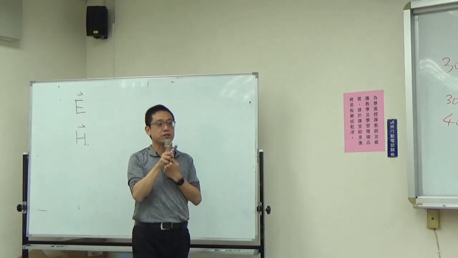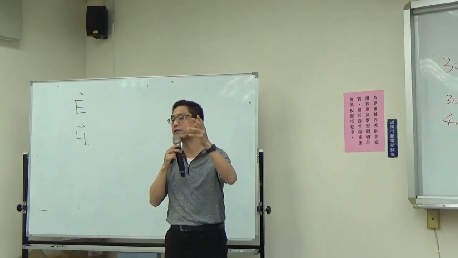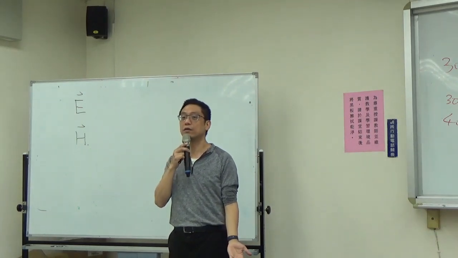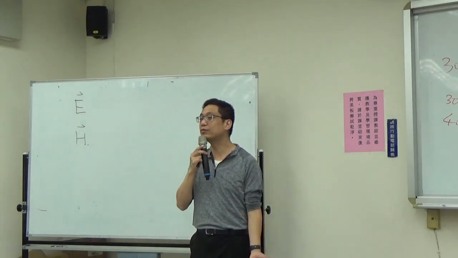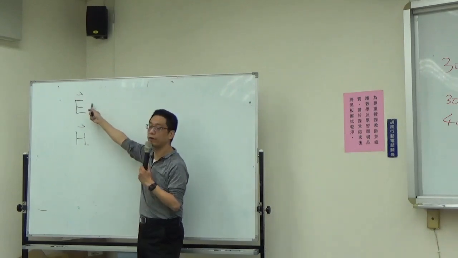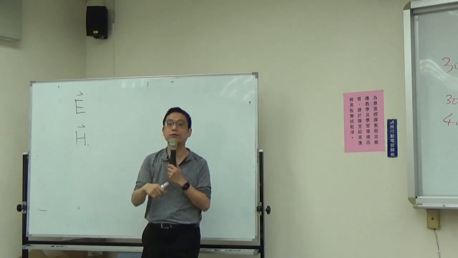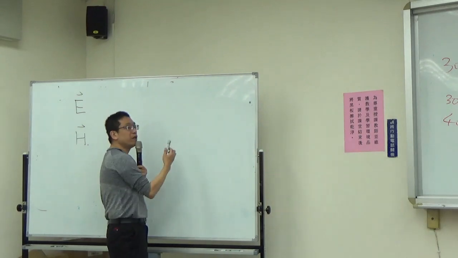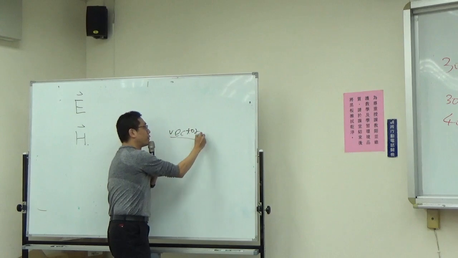Then it is very natural that you will ask me, what is E? You tell me that's an electric field. You need to use a vector to represent your electric field and the H field, right? Like the question I asked you last week, give me an example of a vector.